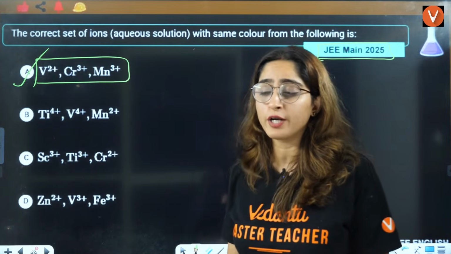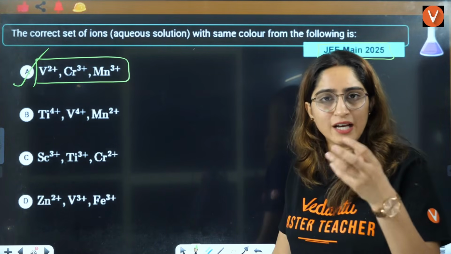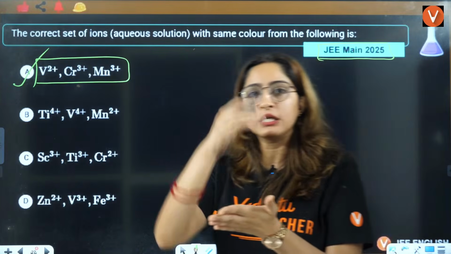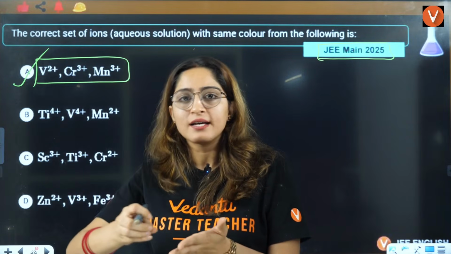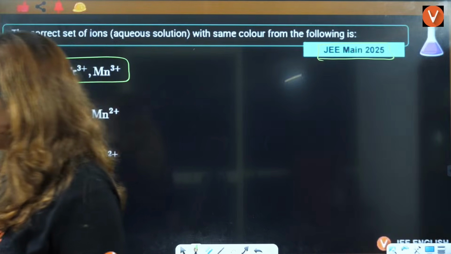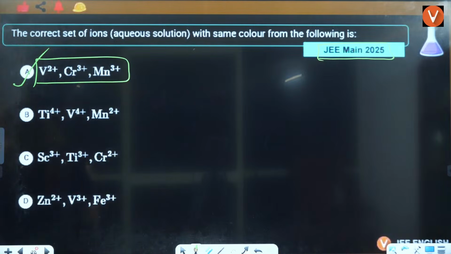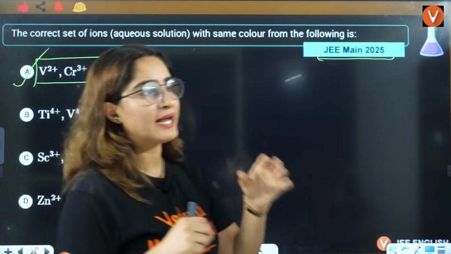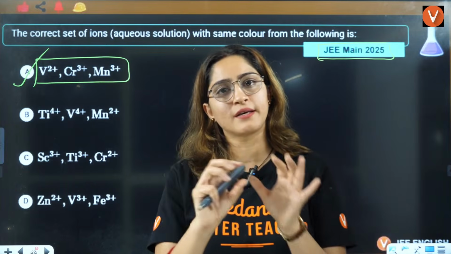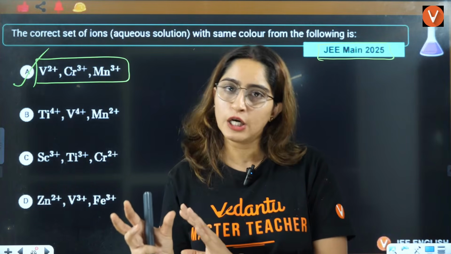For this, what I would advise you is to take a notebook and pen, and write down the ions and the colors. That's how you can learn this.